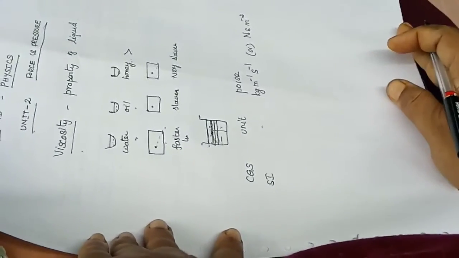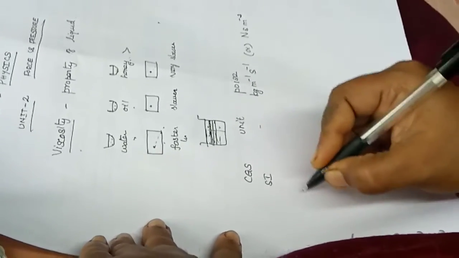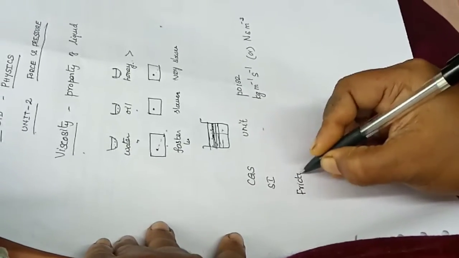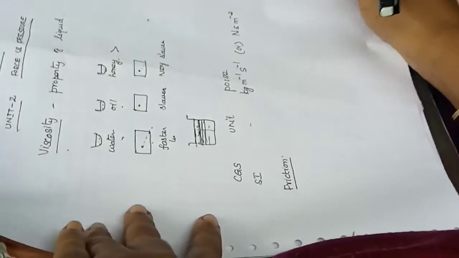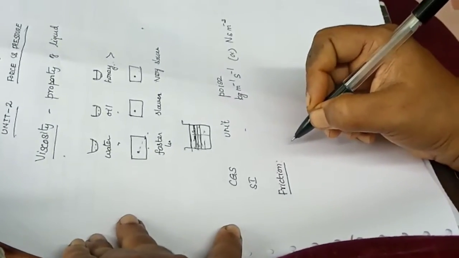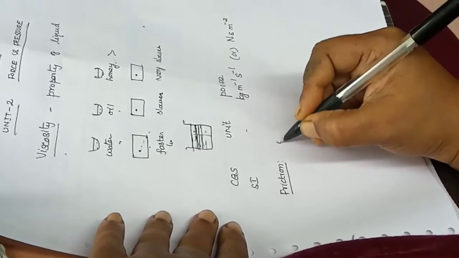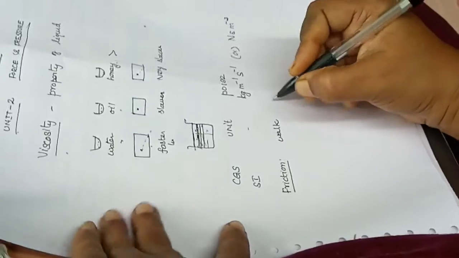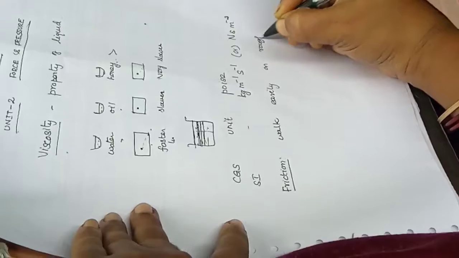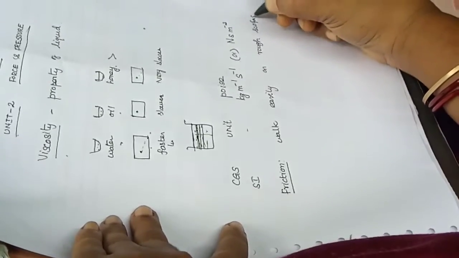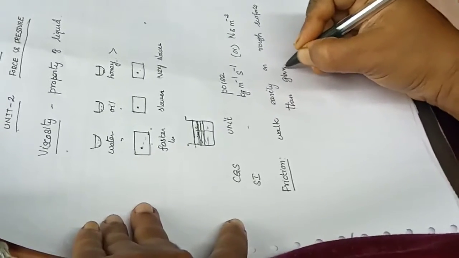Okay, let's go to another property, which we call friction. So what is friction? Because of friction, we are able to walk easily on a rough surface than on a glass surface.